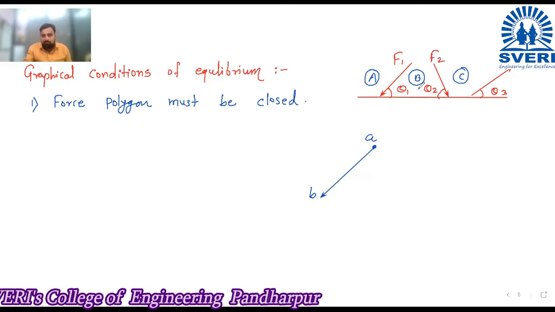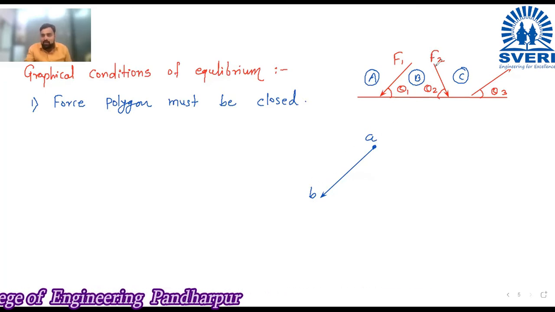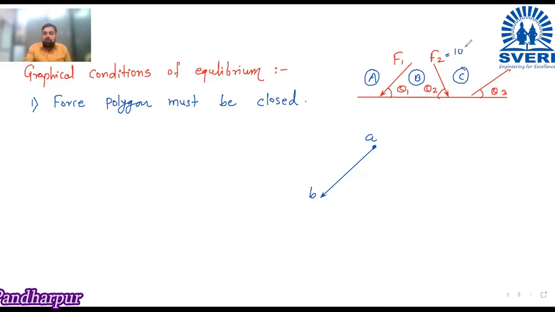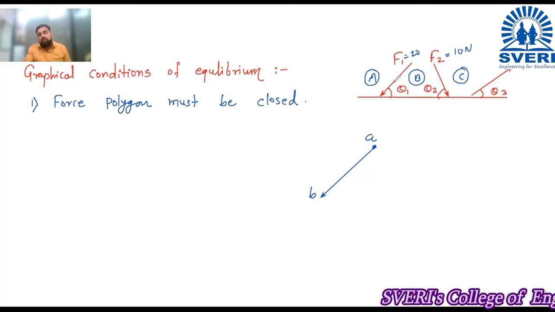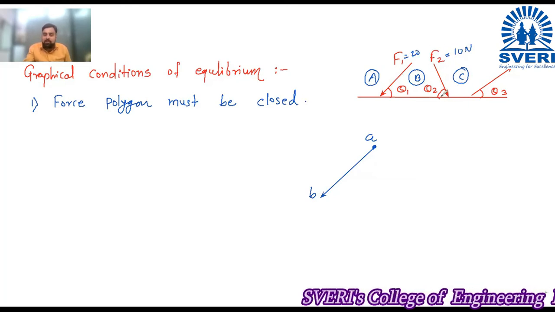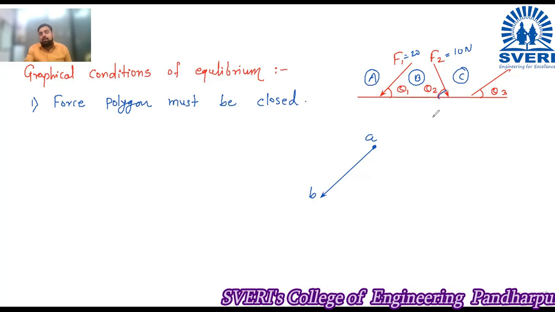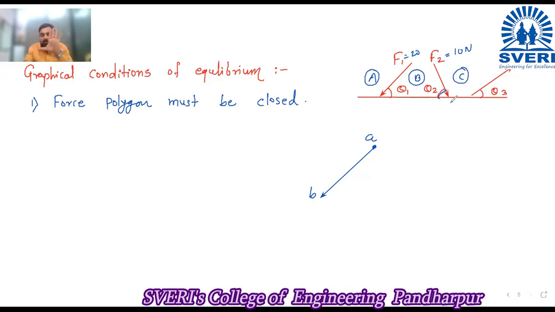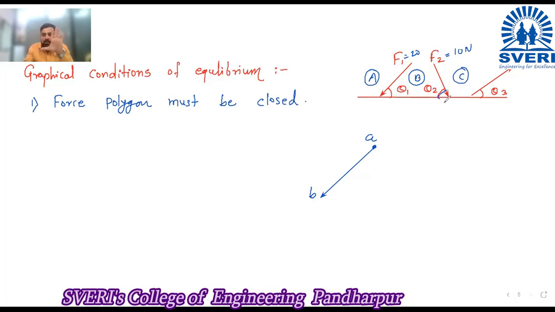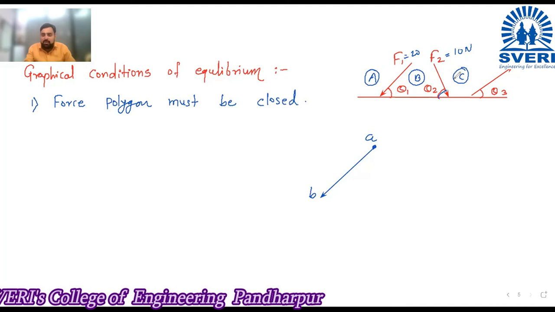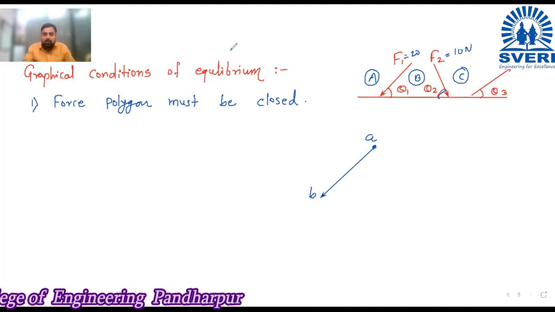Then after that, from B to C, there is another force F2. Suppose now this F2 is of 10 Newton. This angle is theta 2. Then what I will do, I will set my drafter parallel to this, and it is the force BC. So from point B, I will draw the next line.